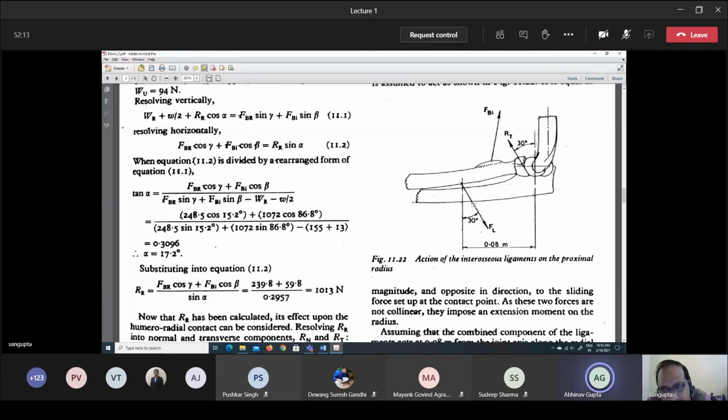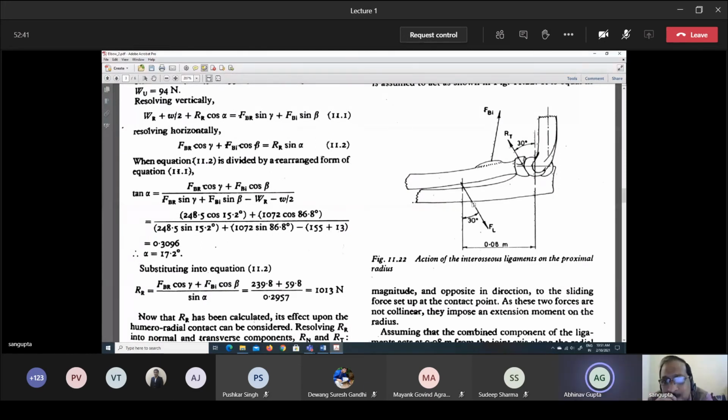Yes, sir. One possible reason I could think of why the interosseous ligament was ignored, I was thinking about it a day before, is that the normal in case of flexion makes an angle of roughly 30 degrees with the longitudinal axis of the forearm. Please don't take these values as exact, be very careful about these things.